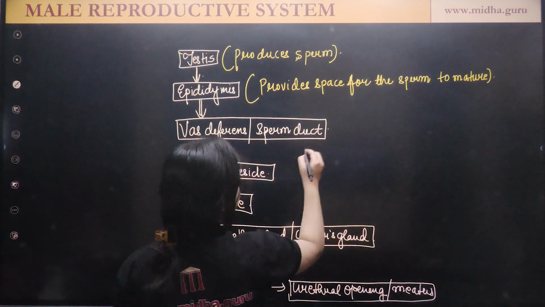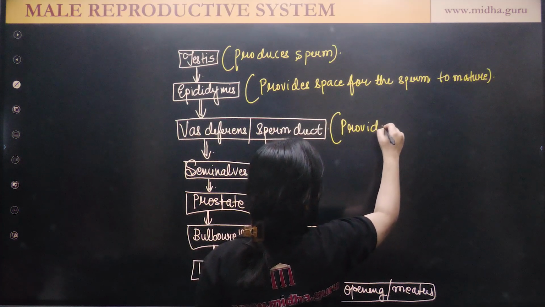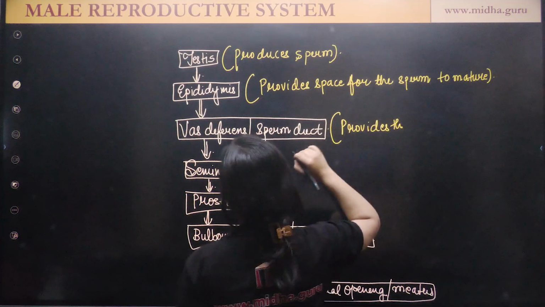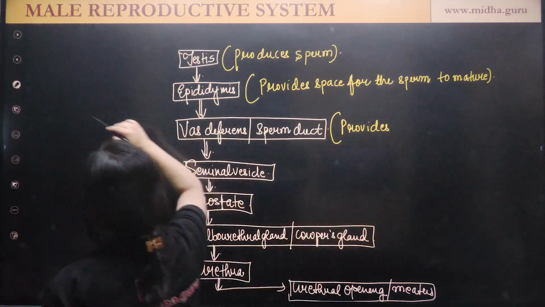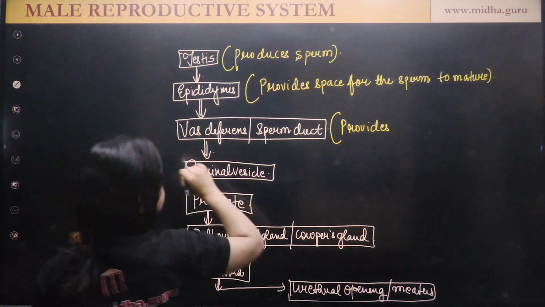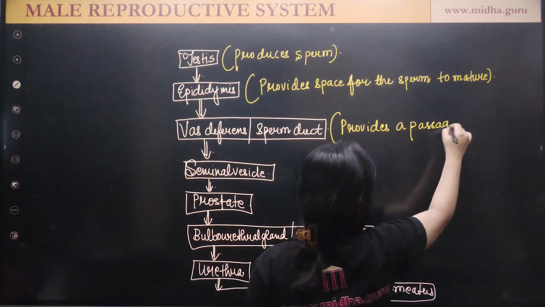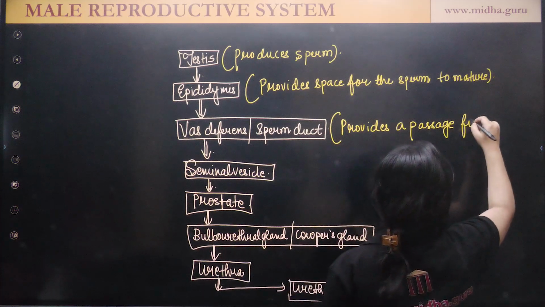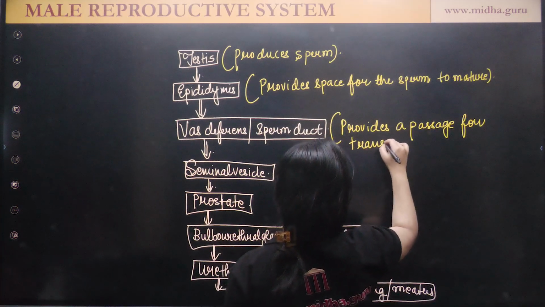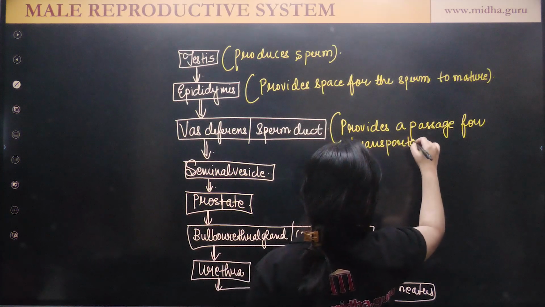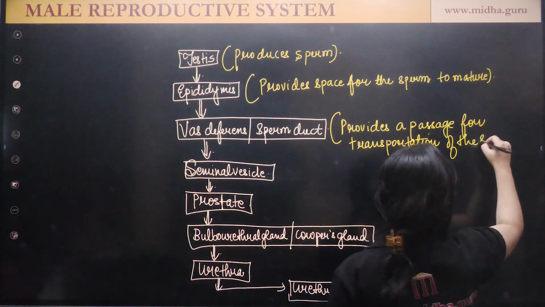Next, vas deferens provides a passage for transportation of the sperms.